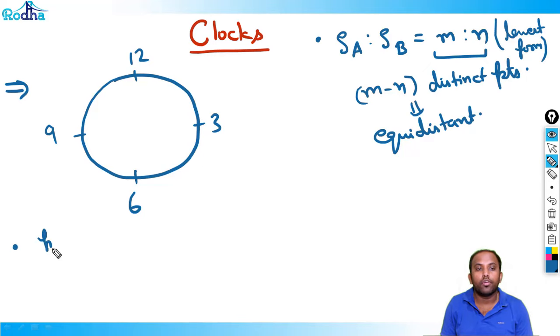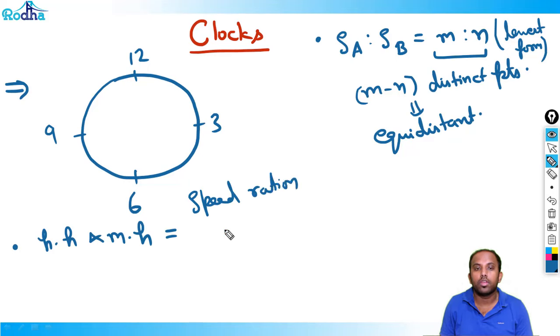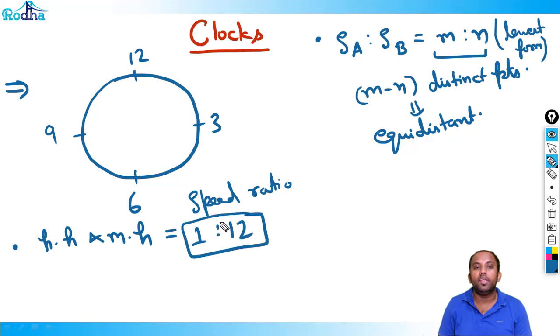Hour hand and minute hand are running in the clock, and their speed ratio here is 1:12, right? Why so?